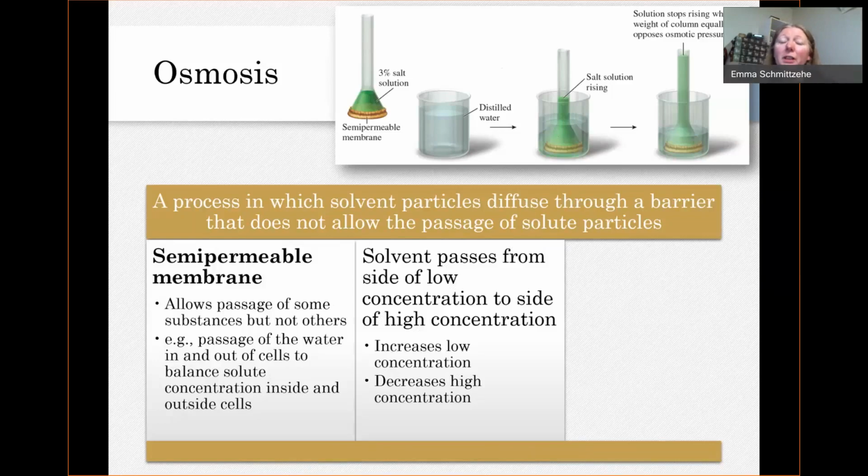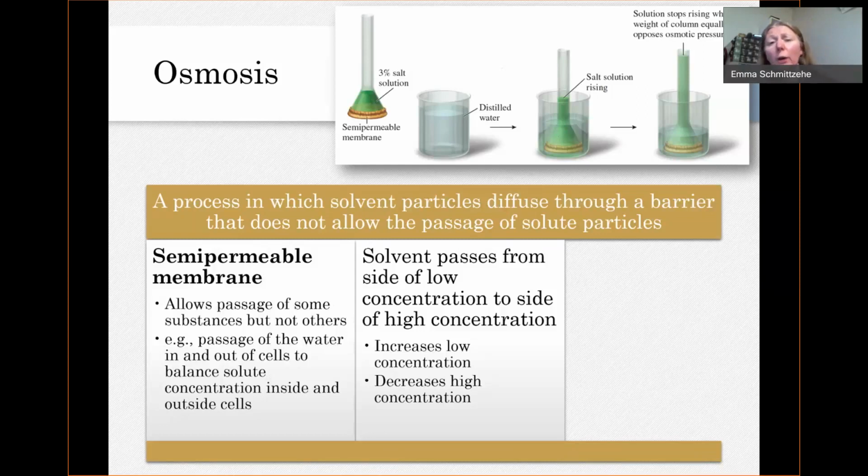The solvent is naturally going to pass from the side of low concentration to the side of high concentration. If the solvent leaves the low concentration side and goes into the high concentration side, it's increasing that low concentration, because if you take solvent away from it, the concentration goes up.